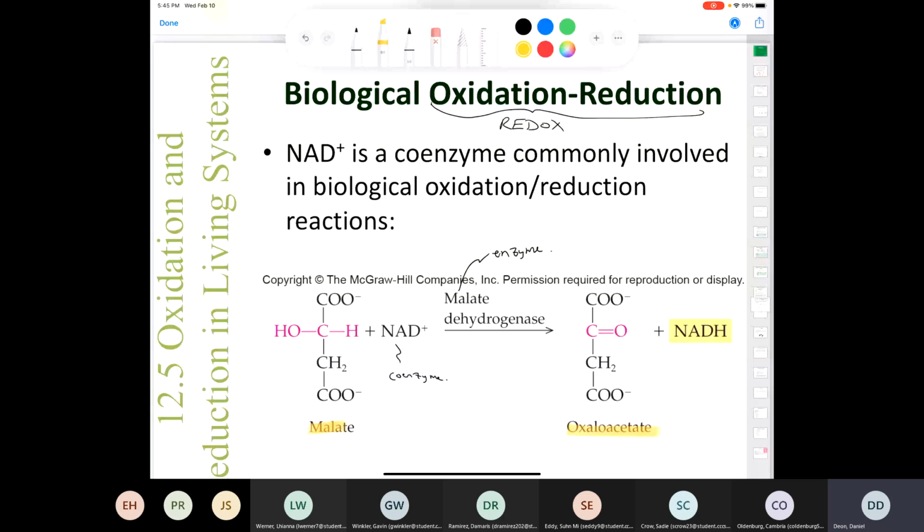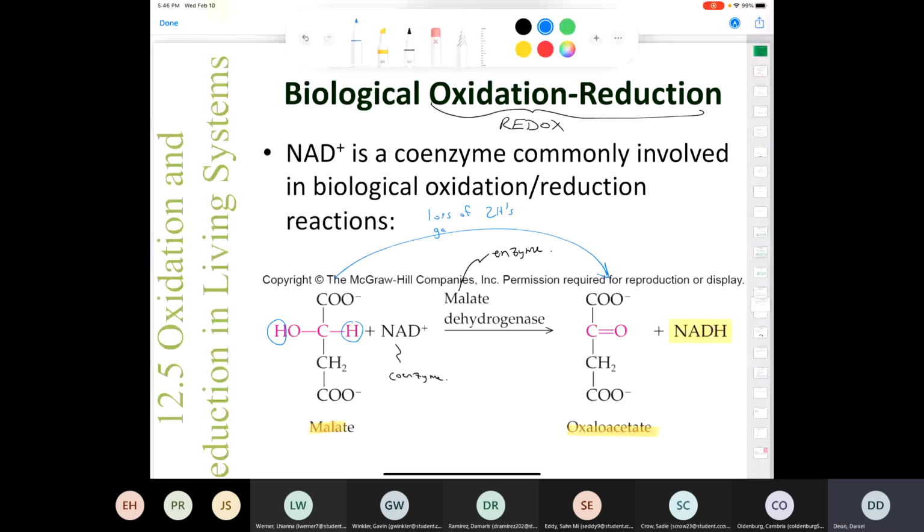What's happening when we go from the malate to the oxaloacetate? That would be considered an oxidation. Why? Because when we go from here to here, we're losing these 2 hydrogens, so loss of 2 hydrogens, and we're gaining a bond to oxygen. So gain of oxygen.